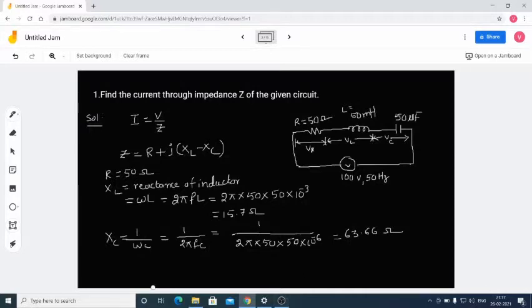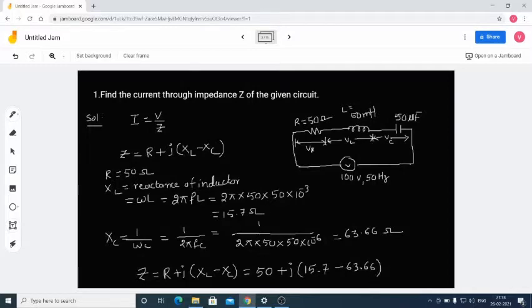From the definition of impedance, Z is equal to R plus j into XL minus XC, which is equal to 50, the R value, plus j into XL value, 15.7, minus 63.6.